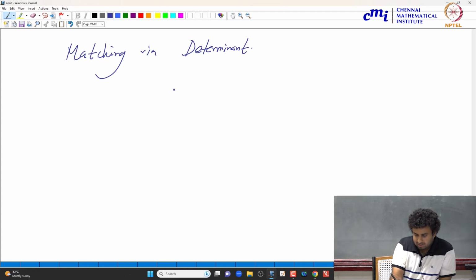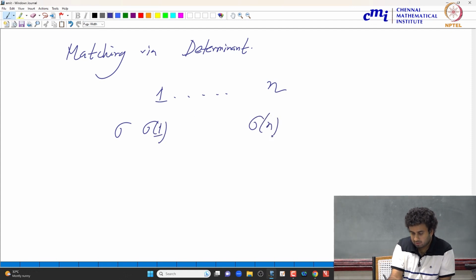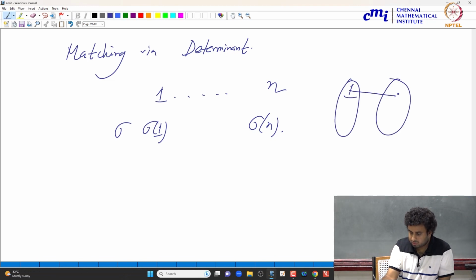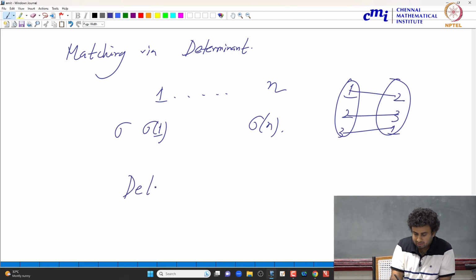The idea is that you can relate matchings with permutations. Say you have 1 to n, and a permutation maps 1 to some value from 1 to n. For example, say 1 is matched with 2, 2 is matched with 3, 3 is matched with 1. So this matching describes a permutation of 1 to 3. There is a definition of determinant.